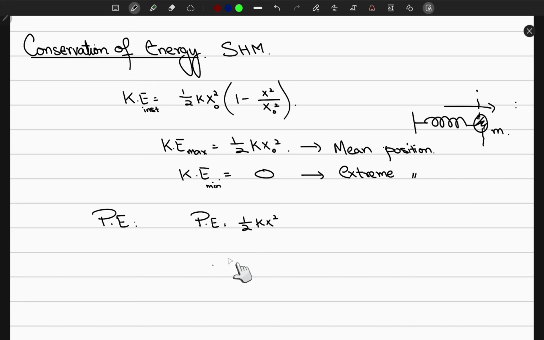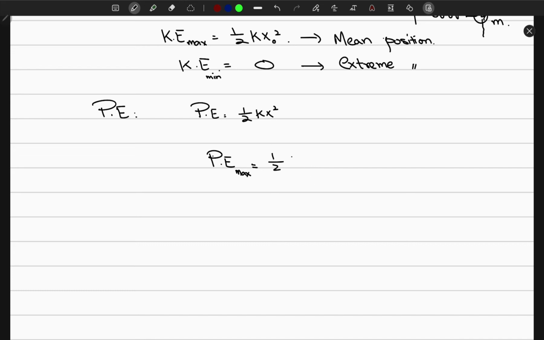So the maximum potential energy that I can provide to my system is simply half k x1 squared.